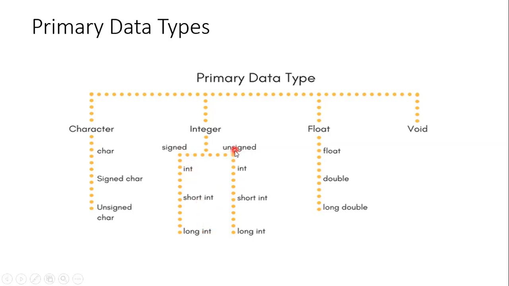Then unsigned: int, short int, long int. Int and signed int are the same. Then float. Under float, we can define the data type as float, double, or long double. Then the character data type. A single character can be defined by the character data type. It can also be signed character or unsigned character. And then another data type is void.